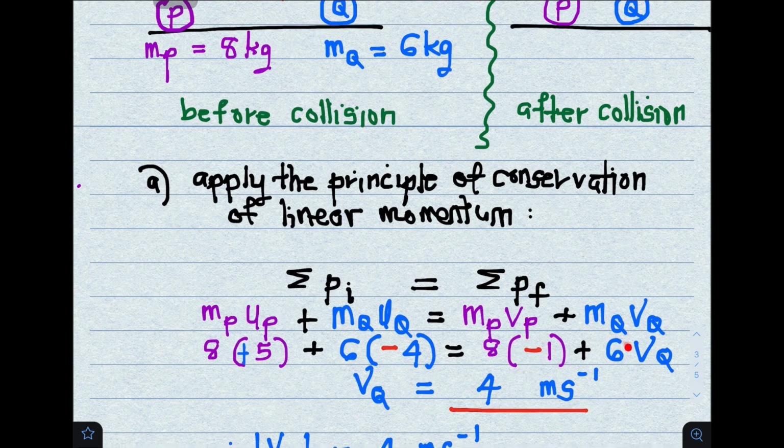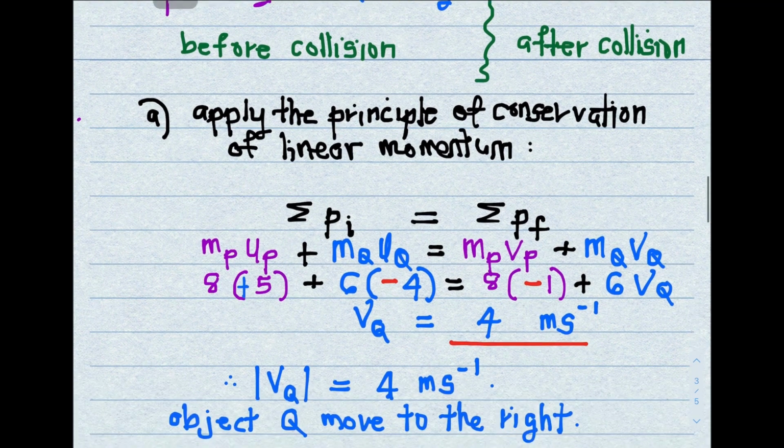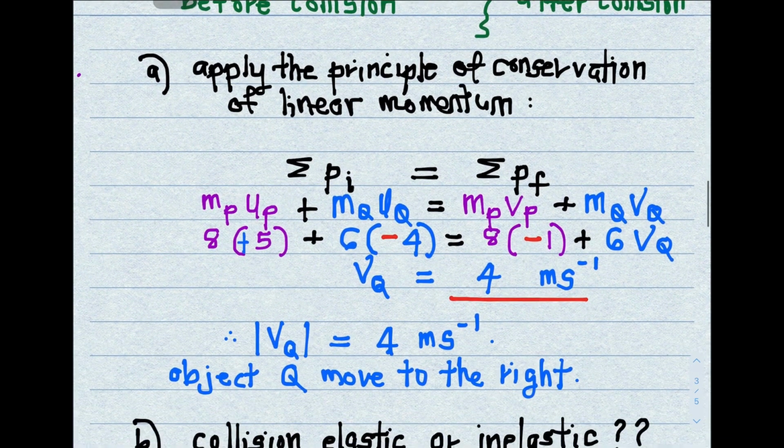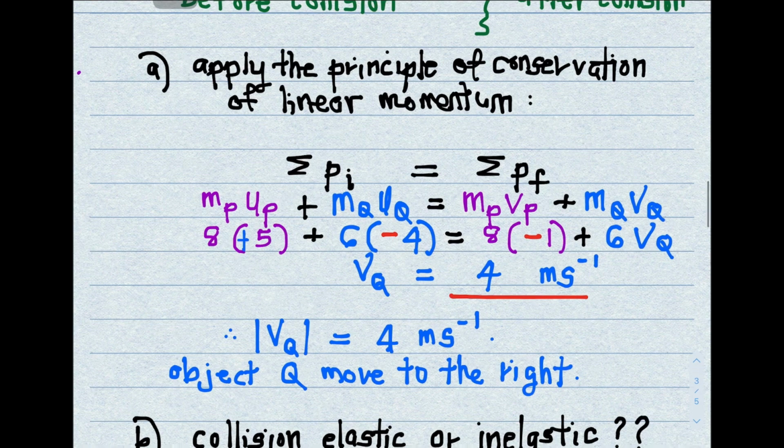MQ is 6 and you need to find out what is the VQ. From the calculation, VQ is 4 meter per second. The question asks you to find the magnitude, therefore the magnitude of the velocity for object Q is 4 meter per second.